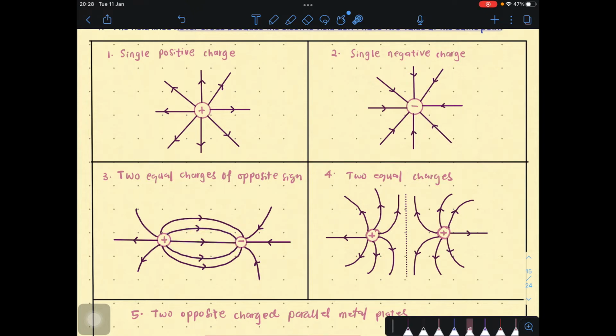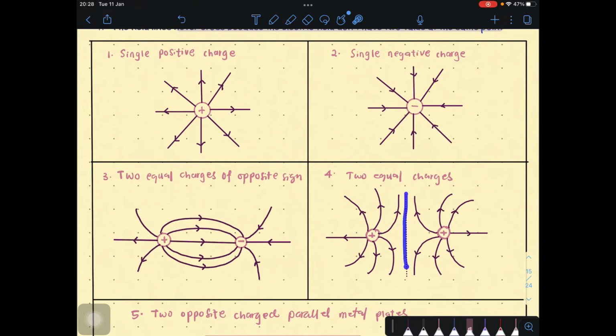And then next one we have two equal positive charges. So positive, they will repel each other. So when they repel each other, they will go like this. The lines still go out from the positive charge, but they will never meet each other, because they repel each other.